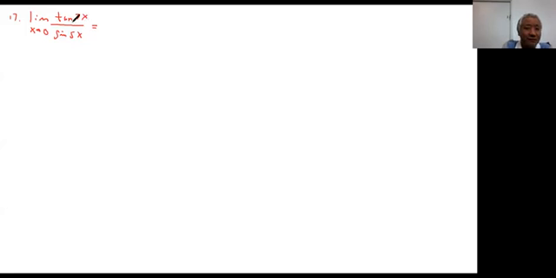Now, this one, as Amanda is asking, is what? Tangent 7x, right? Equals what? Sine 7x over cosine 7x, and then over sine 5x, right? Get it? Now this is over 1. See that?